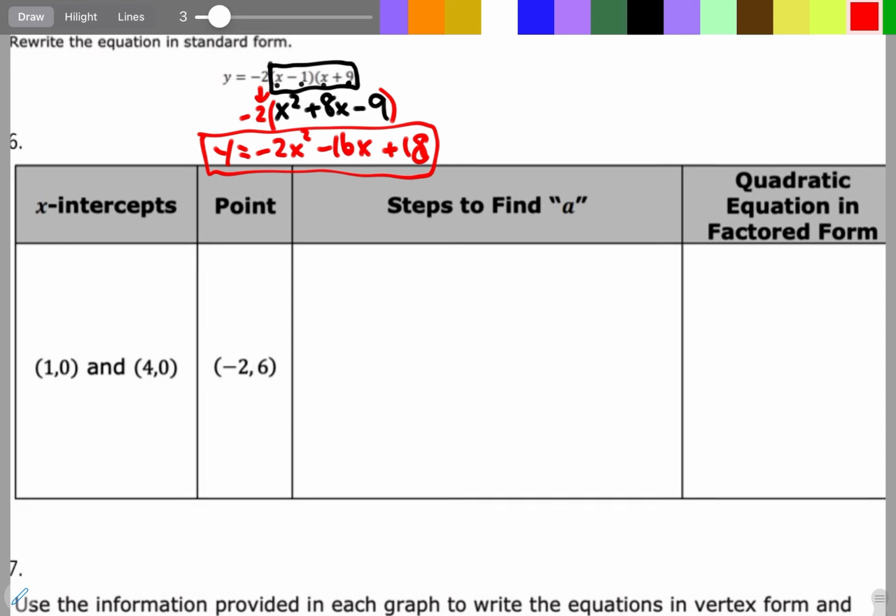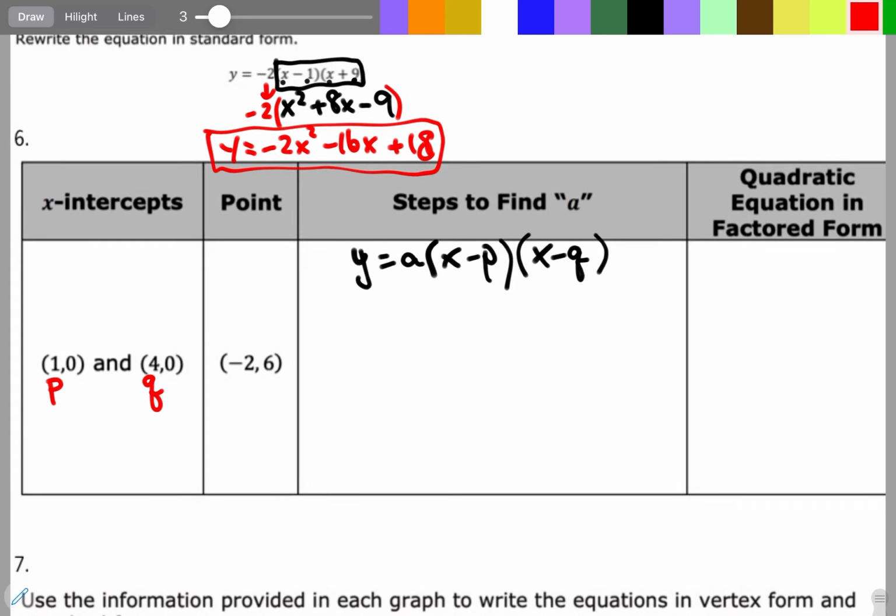For number 6 right here, we're going to be finding a, given that we have standard form. Well, no, this is factored form. So a, x minus p, x minus q. This guy is p, this guy is q. Oh, no, let's not make the change yet. And don't forget, any point that you get is an x and a y. So he's x and he's y.